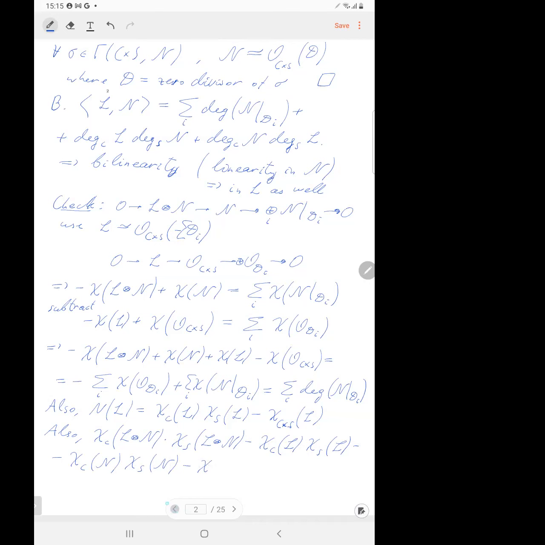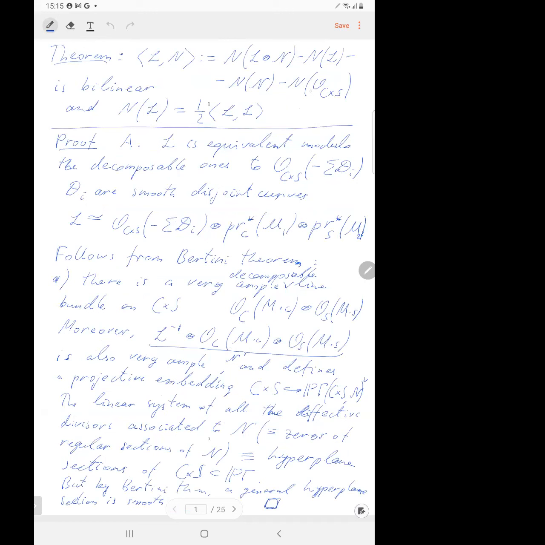Yeah, if you again look at this very first formula definition, you also need to subtract the characteristic of the structure sheaf.